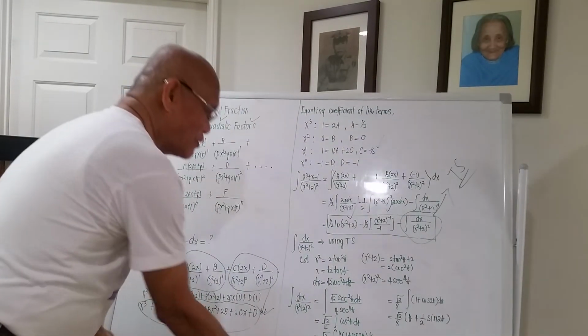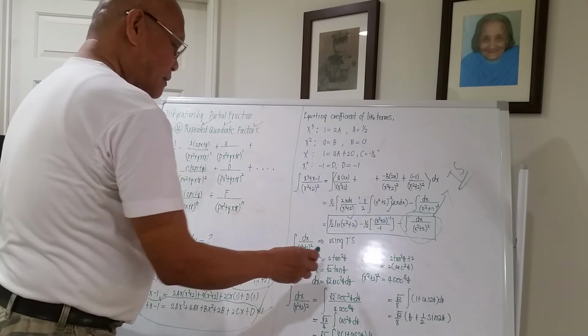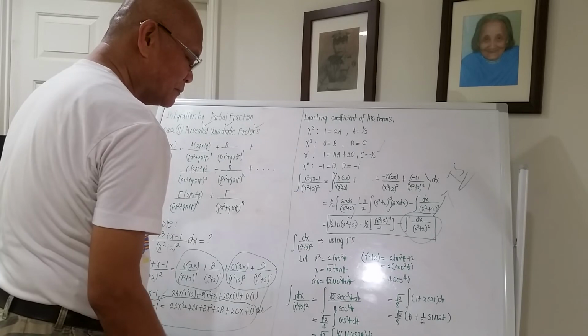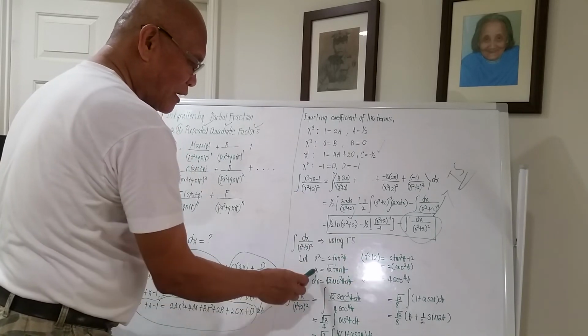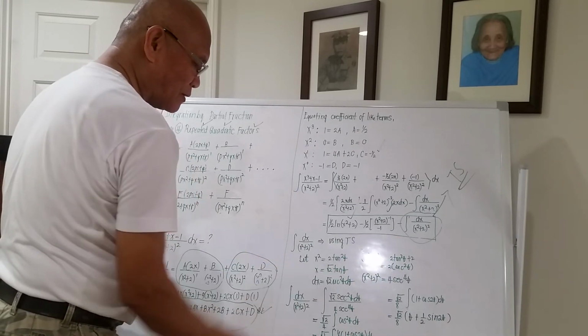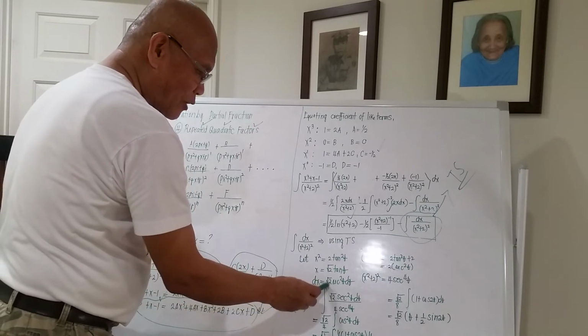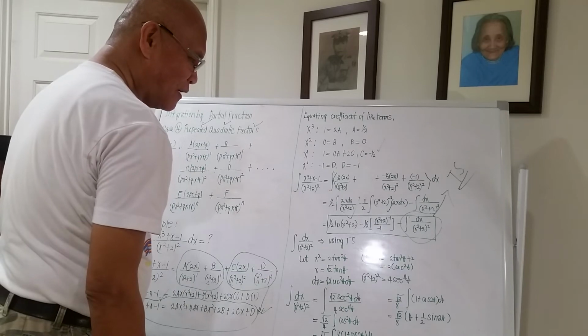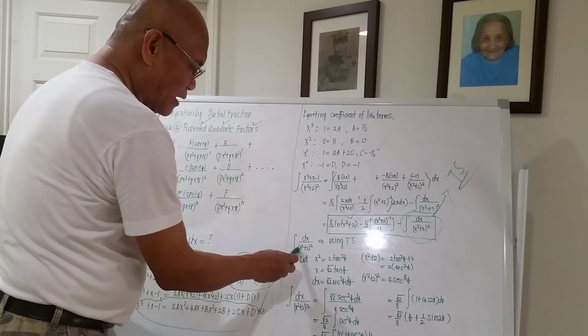Just in case you don't see it, we let x squared equal to 2 tangent squared of theta. Taking the square root of both sides, x now will be square root of 2 tangent of theta. dx will be square root of 2 secant squared of theta d theta. Let's try to compute for x squared plus 2.